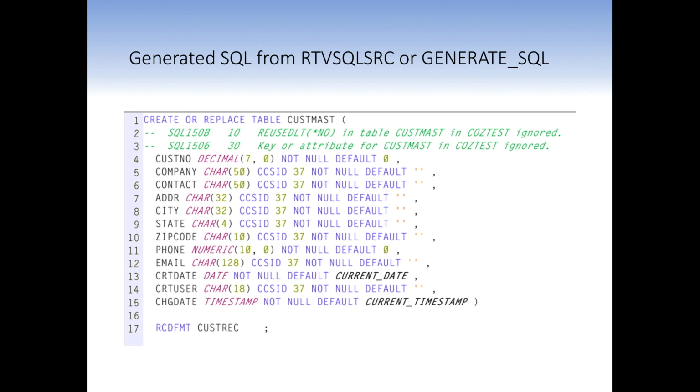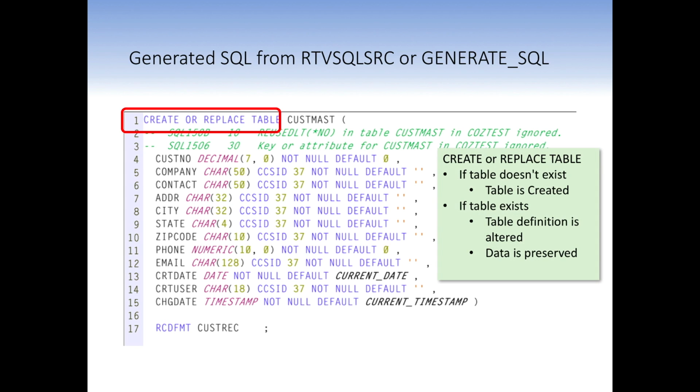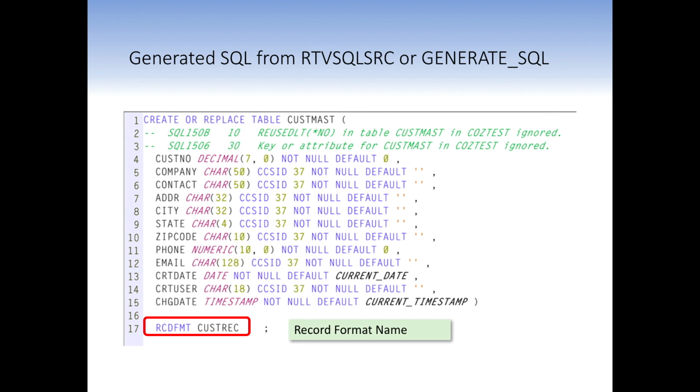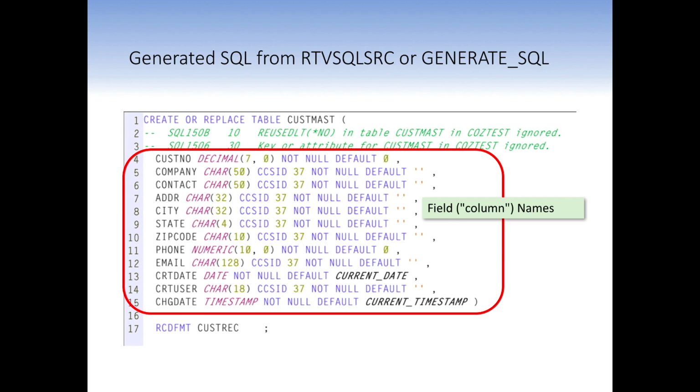And I'll go ahead and run this, and we end up with pretty good looking SQL DDL. We have the create or replace table, we have the file name, we have the record format name, and we have all the column attributes from the original file. In fact, we've got the date and timestamp stuff out there now, so we can actually put in things like current timestamp, current date.